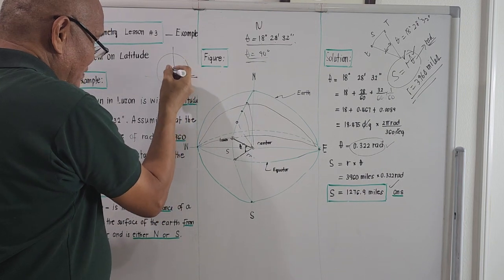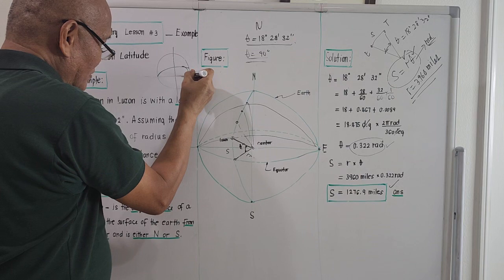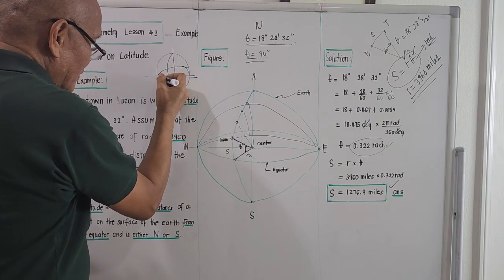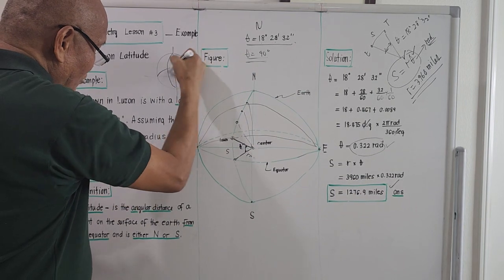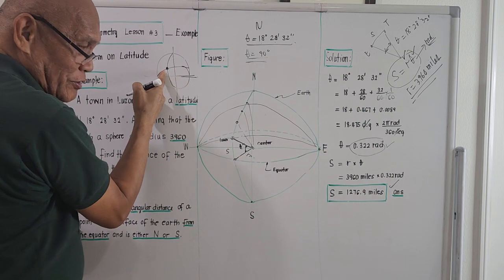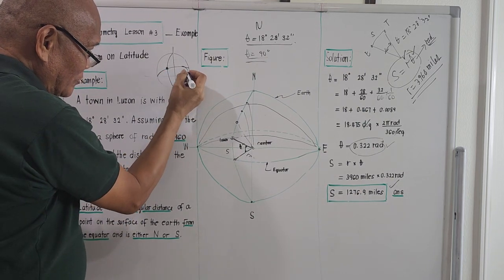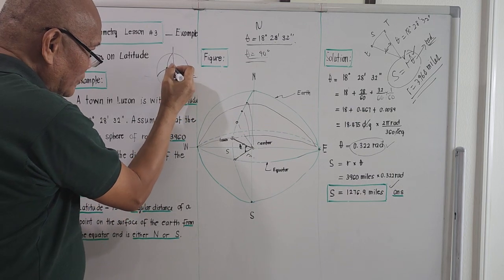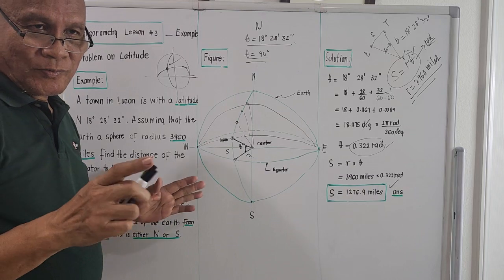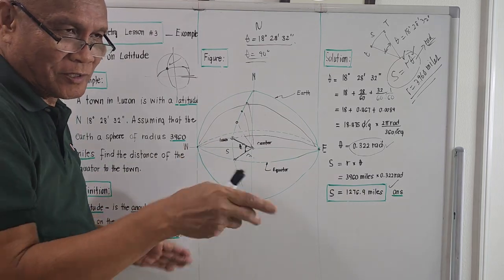Because if they know your latitude and your longitude, they could pinpoint your exact location on the Earth. So if somebody tries to target you, that's very easy. If they know your exact latitude and longitude, they could target you anytime.